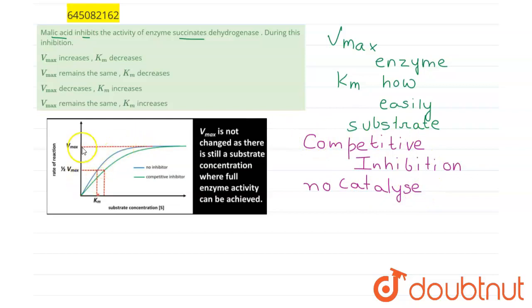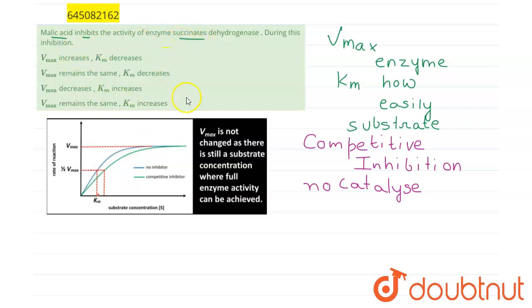And here, if you see the graph, the Vmax in this case is not changed because there is still a substrate concentration. So substrate is there, so Vmax is not changed, and malic acid inhibits the enzyme.